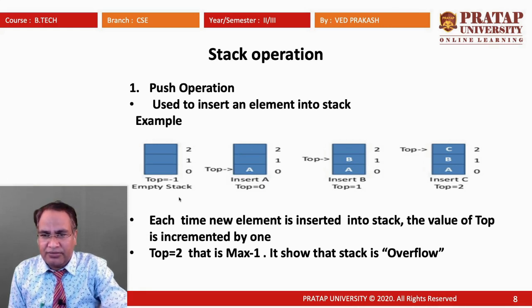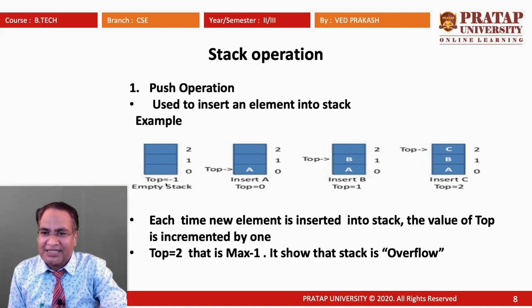When we create a stack, at the time of creating, the stack is always empty, and to denote an empty stack, the top variable value is always -1. Here is the block diagram that denotes the top value is -1.